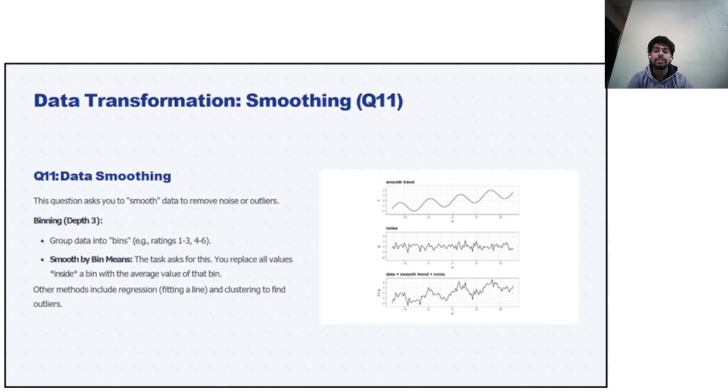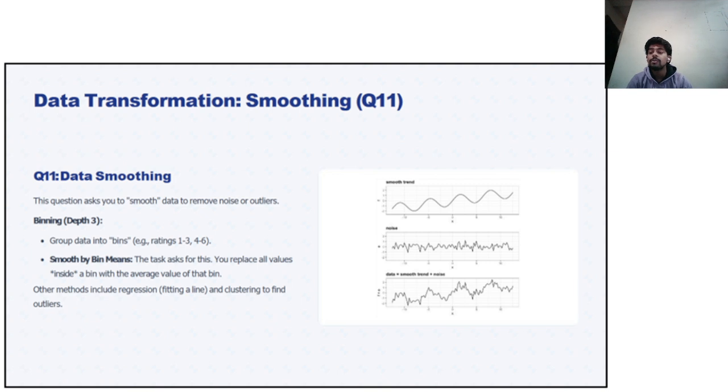Data transformations: smoothing. Next, we move to data smoothing. In question 11, smoothing is crucial for removing noise and outliers that can skew our analysis. The required technique here is binning by bin means. The process works by first grouping our data into buckets or bins. The requirement specifies a depth of 3, meaning we group 3 consecutive values together.